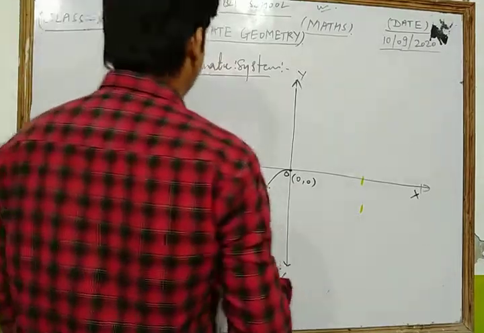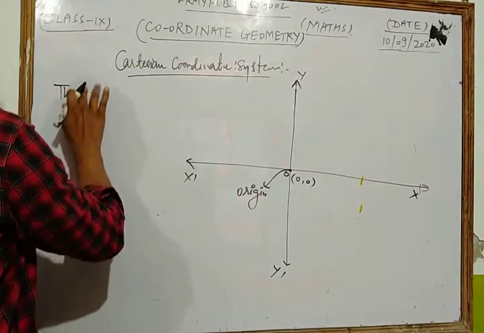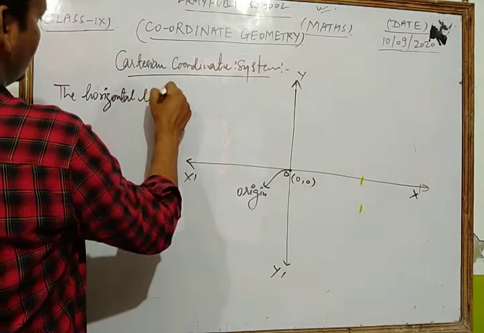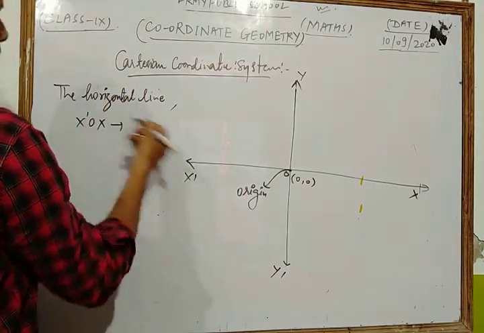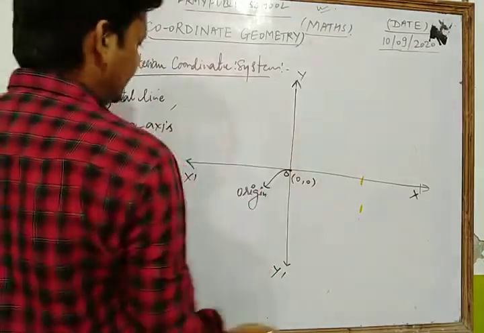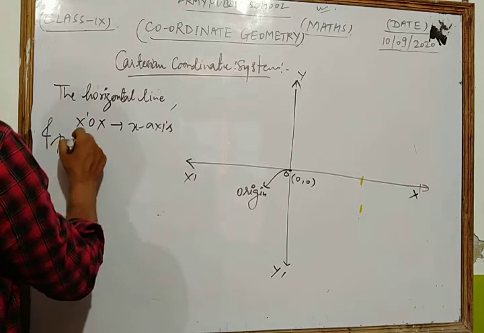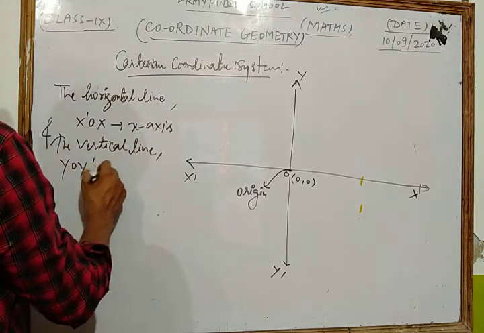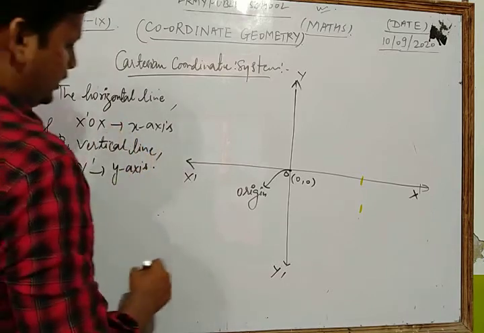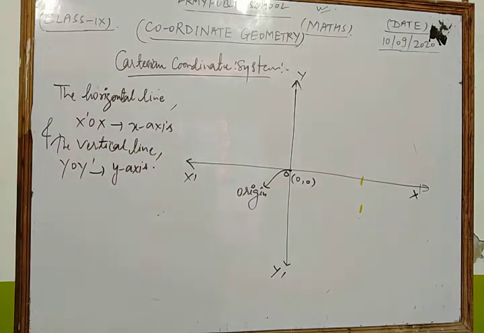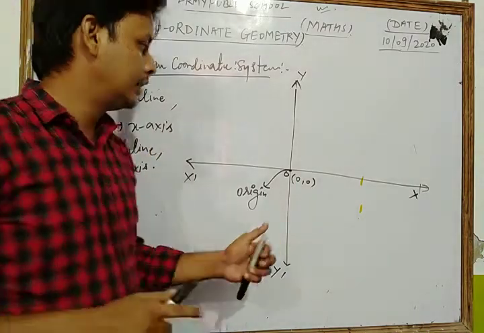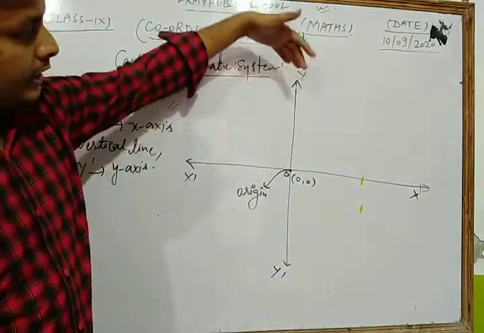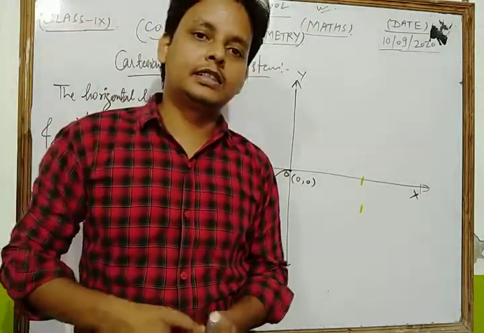Now the horizontal line X dash OX is known as the X axis, and the vertical line YOY dash is known as the Y axis.